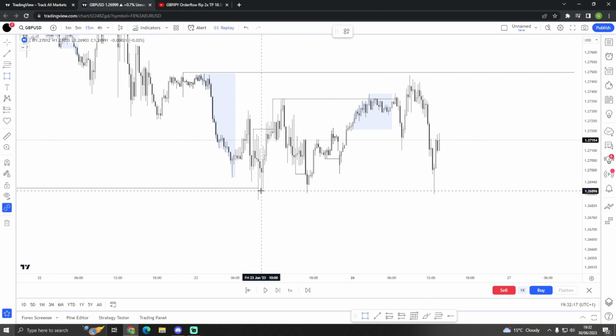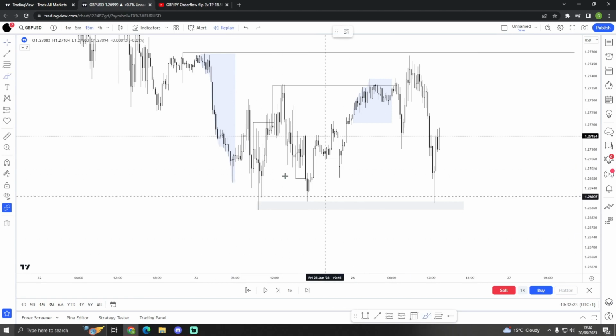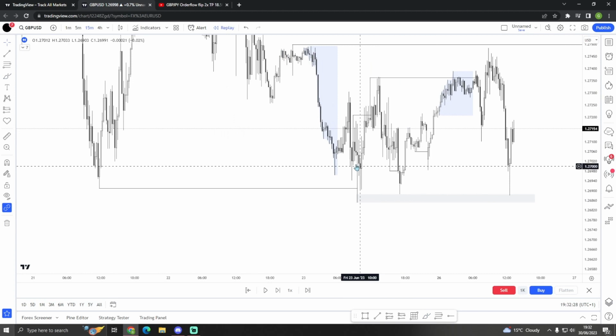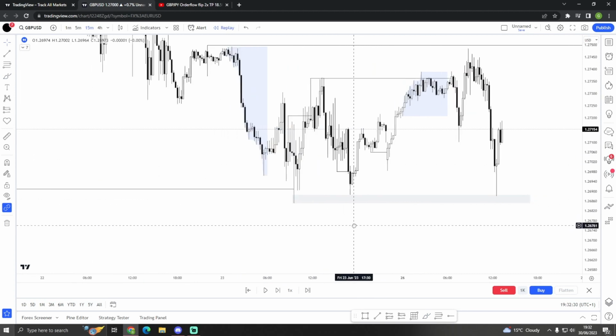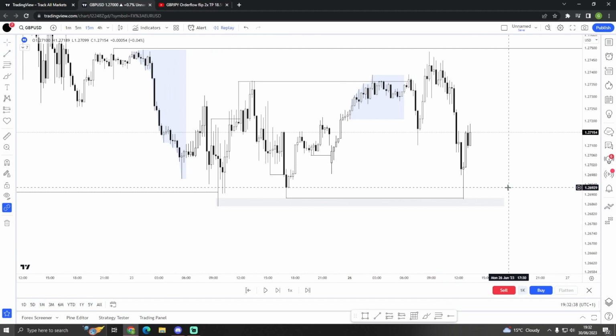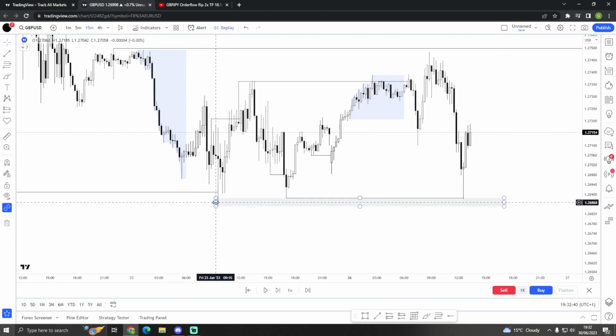So what we're allowed to do is take an entry from the extreme. From the extreme of the order flow flip, so the actual sweep where we swept on the 4 hour, using the low of the sweep boss as our liquidity. So that's essentially the model.